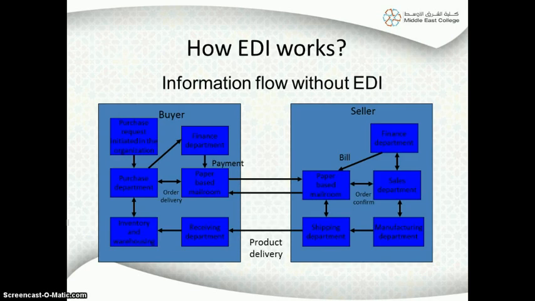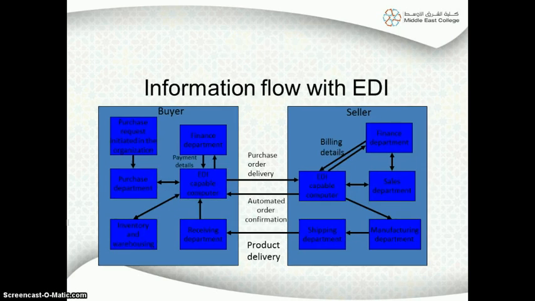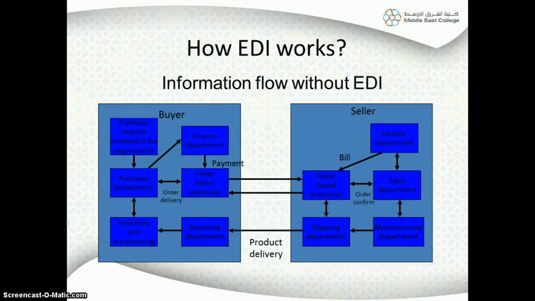Now let's see how EDI works. For that we have two figures: information flow without EDI and information flow with EDI, to have a better understanding of how it works. The idea behind EDI is very simple. EDI seeks to take a form from a business application, translate the data into a standard electronic format, and transmit it.